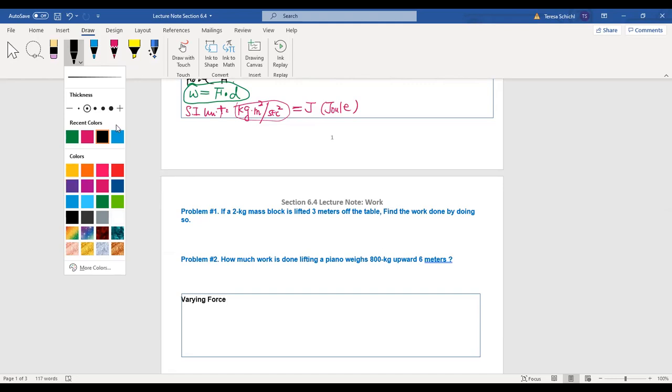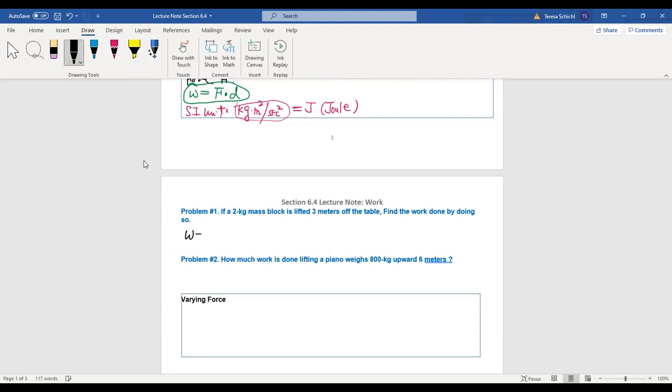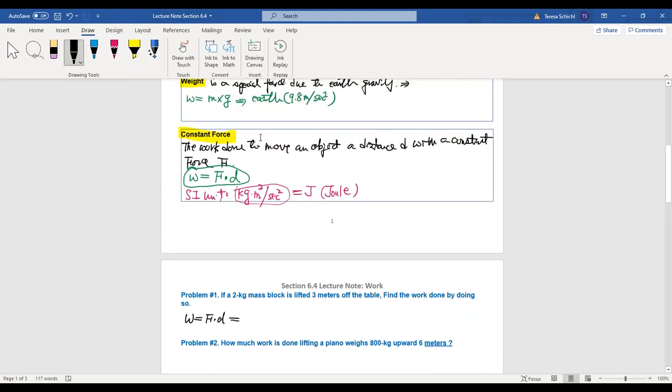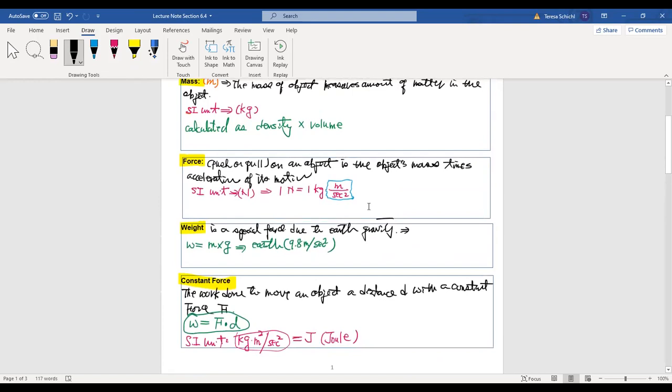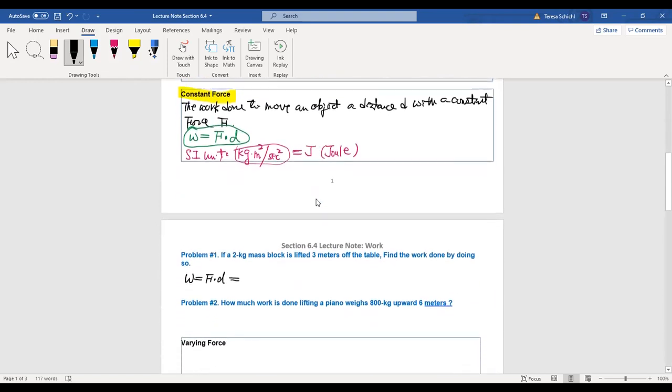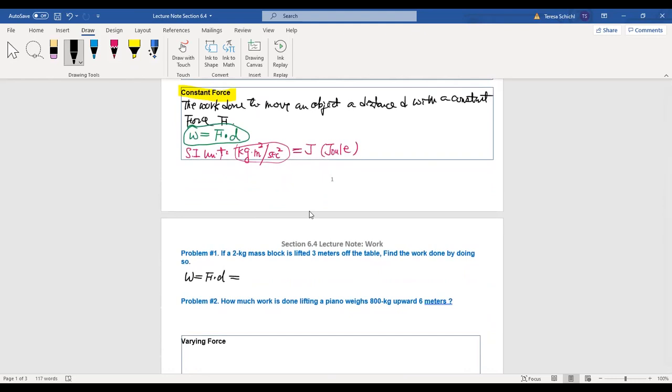So work is equal to force times the distance. Let's go back to here. What is the force? The force is the mass times the acceleration, and force is in newtons.